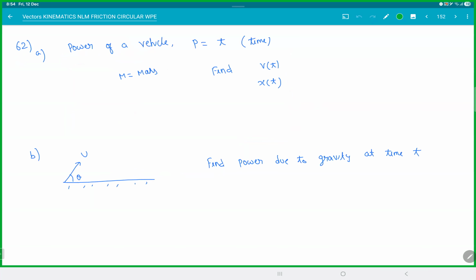Let's get these two. Power of a vehicle P is equal to t. m is mass. Find the velocity as a function of time t, and position as a function of time t. A particle of mass m is projected at u and theta. Find the power due to gravity at time t. Let's not just find power, let's plot it. Let's say there is a windmill and the wind is blowing.